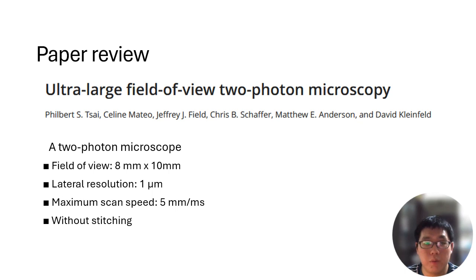My paper review is about ultra-large field of view two-photon microscopy. It presents a two-photon microscope that images the full extent of the neural cortex with an object-limited spatial resolution across an 8 mm by 10 mm field. The lateral resolution is 1 micrometer, and the maximum scan speed is 5 millimeters per millisecond.